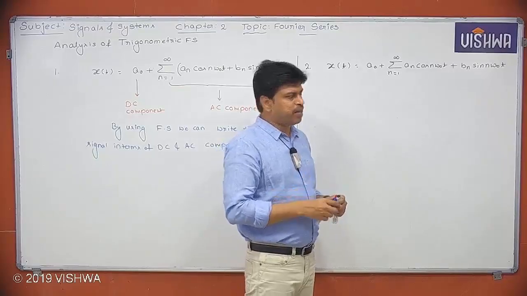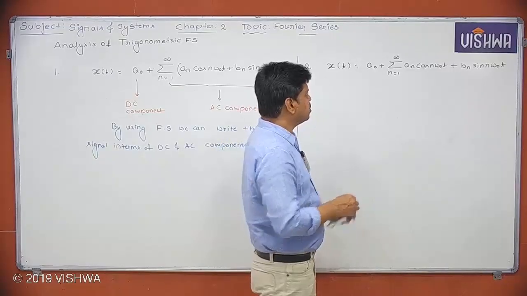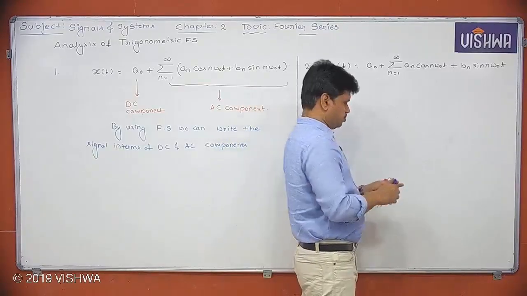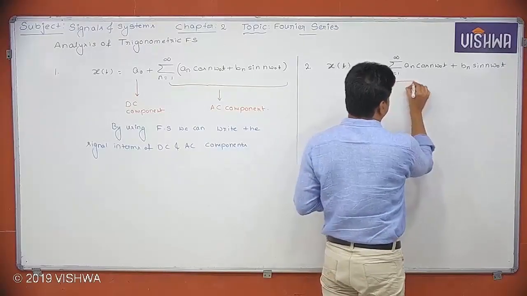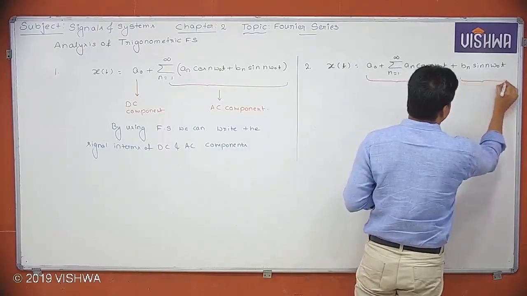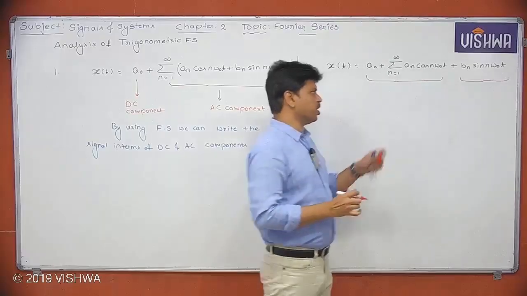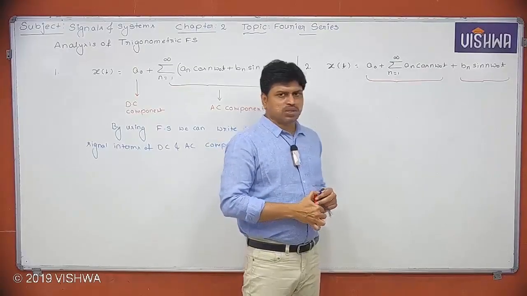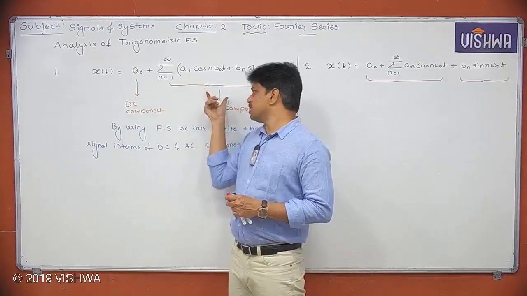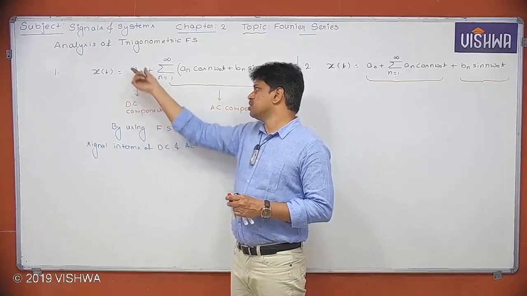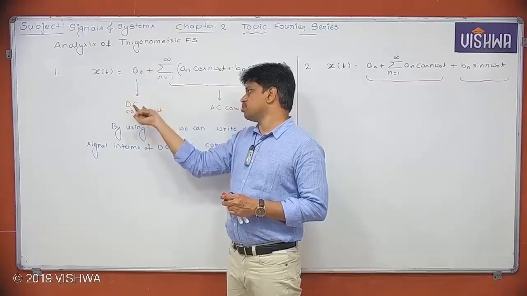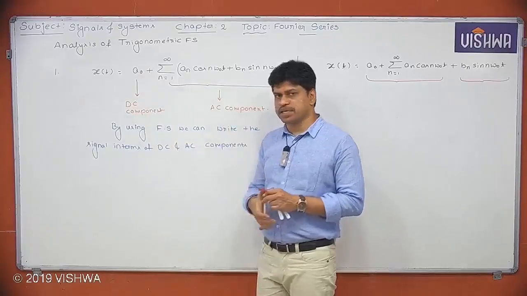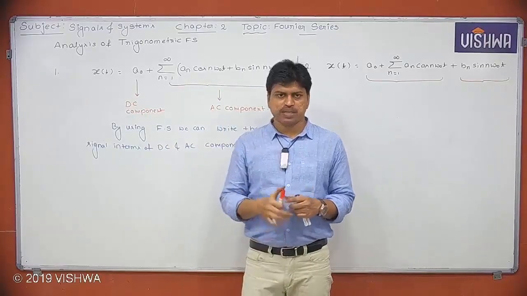In a different manner, I am combining these two parts, a0 and this. If I divide this expansion into two parts, then the first part indicates DC component, the second part indicates AC component. Okay, that is okay.